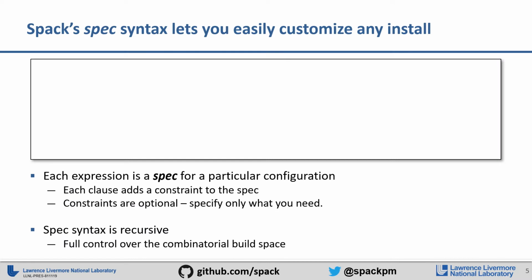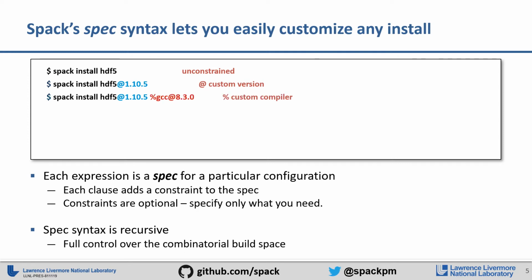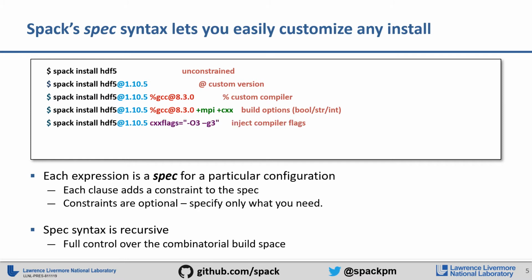Finally, Spack's syntax lets users leverage all of that parameterized goodness in the packages. If they just want to get a package installed like HDF5, they can say spack install hdf5. That's unconstrained. They can install particular versions. They can install a package built with a particular compiler. So you could pick ARM's compiler, or you could pick GCC, or you could pick Clang. You can provide these options, like the MPI option that we saw in the package, or C++ support for HDF5.